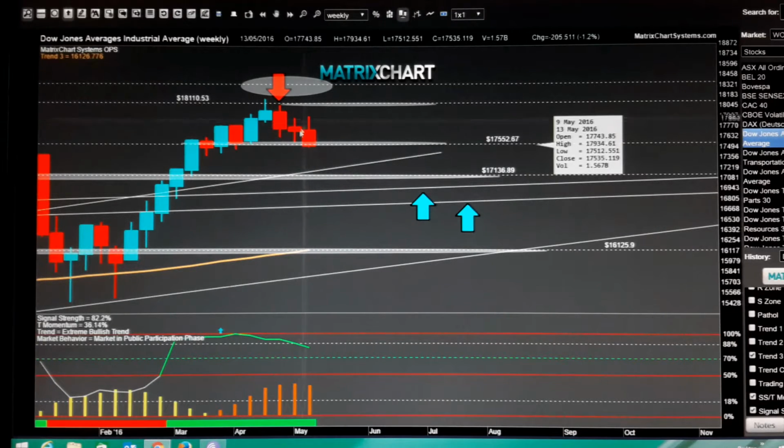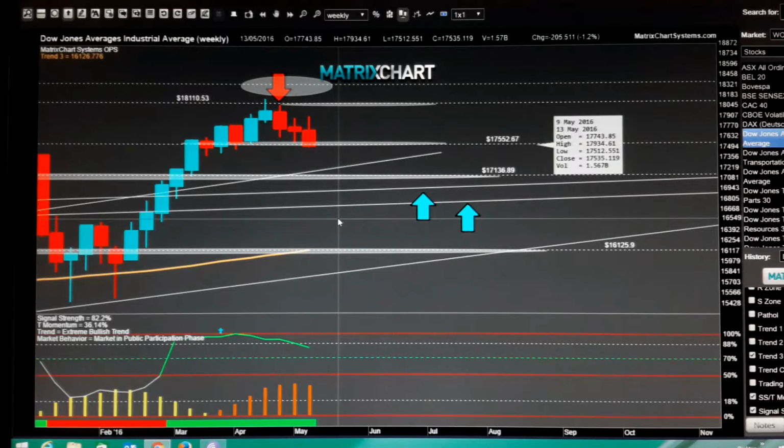Last week it has shown an extreme bearish candlestick and closed right below the horizontal line 17552, closing at 17535.